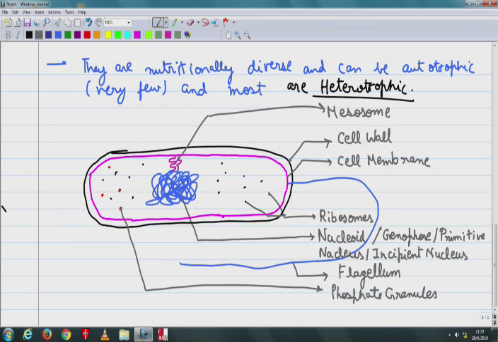So labeling is complete. This is the general structure of bacterial cell, but one thing is remaining. There is another structure called fimbriae and pili. Sorry, they do not grow on the inside. They are only present on the outside. This is the fimbriae.